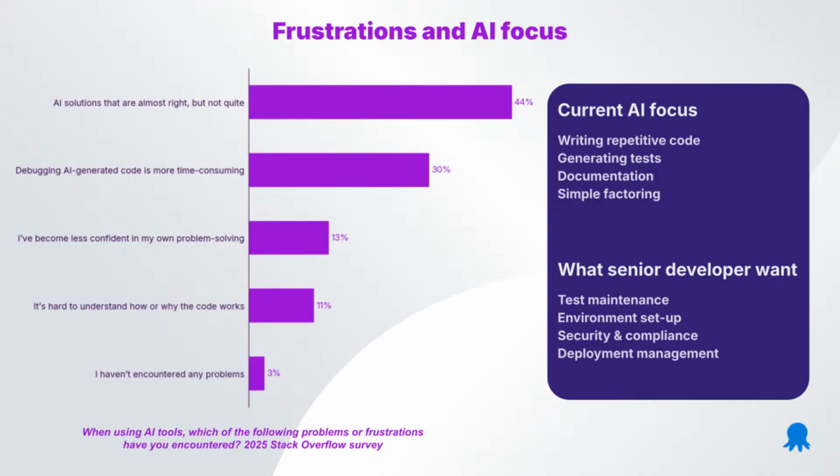And I think the most significant point of data in this graph is that 13% believe that they have become less confident in their own problem solving, which I think is quite concerning, really.